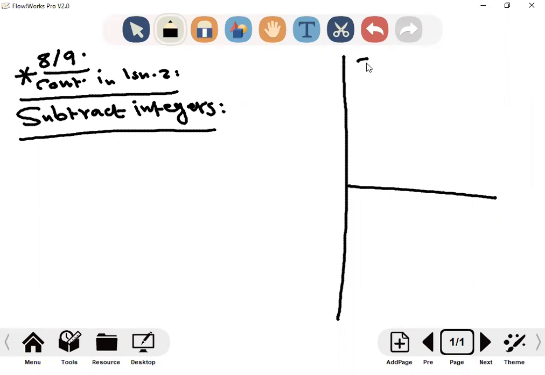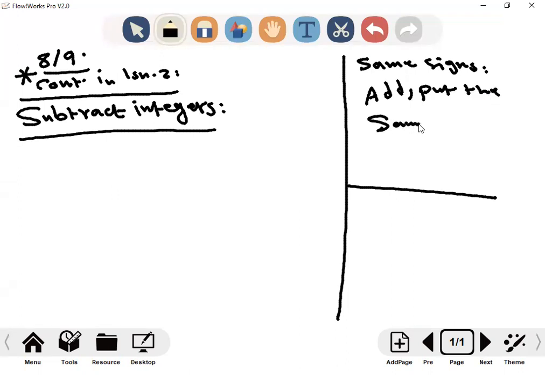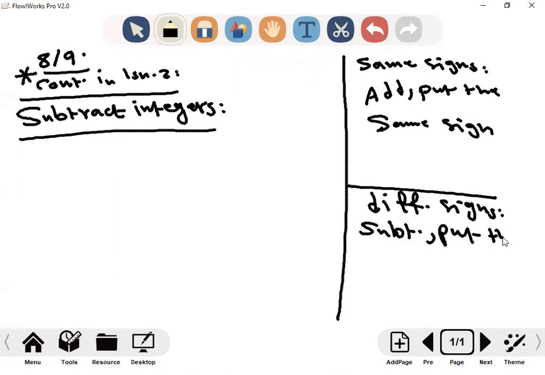So if we have the same signs, what do we do, guys? We add and put the same sign. And if we have different signs, what do we do? We subtract and put the bigger sign.